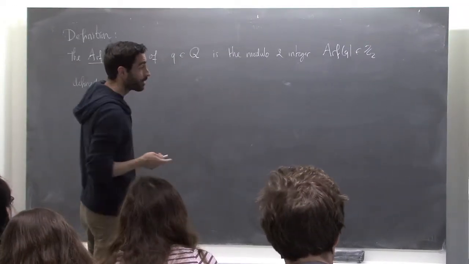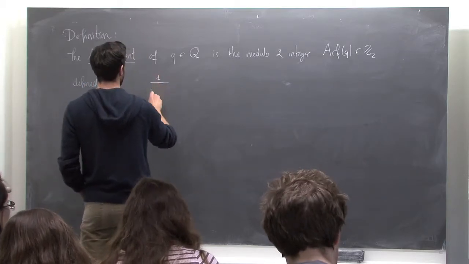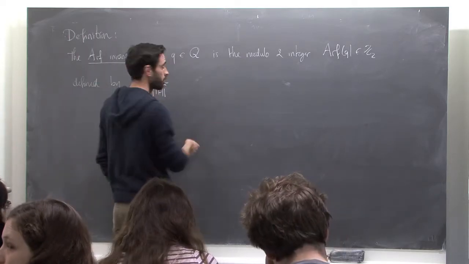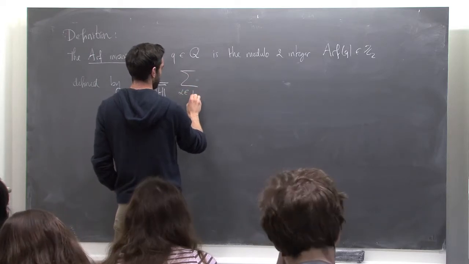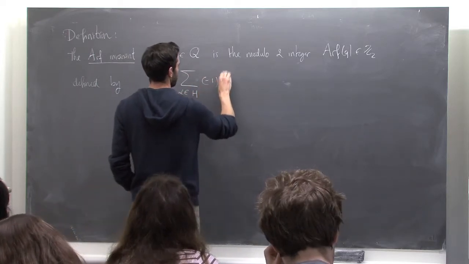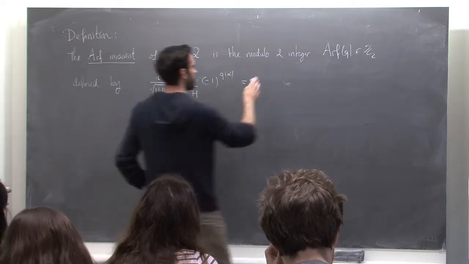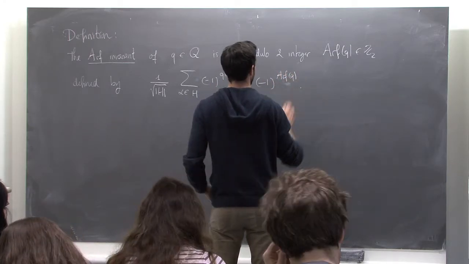So it's basically the sign here: I take 1 over the square root of the order of H. We know that this is plus or minus 1, so I just say this is equal to -1 to the power Hopf invariant of Q.